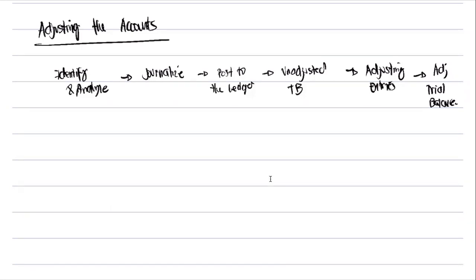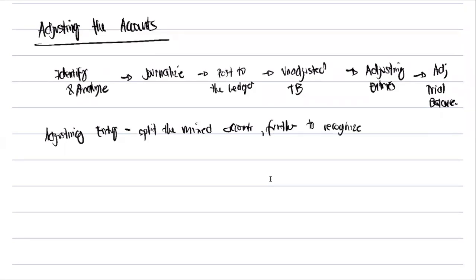So you already have an idea on what an adjusting entry is. Before, in your introduction, we said that your adjusting entry is made to split the mixed accounts, and further, to recognize accruals.